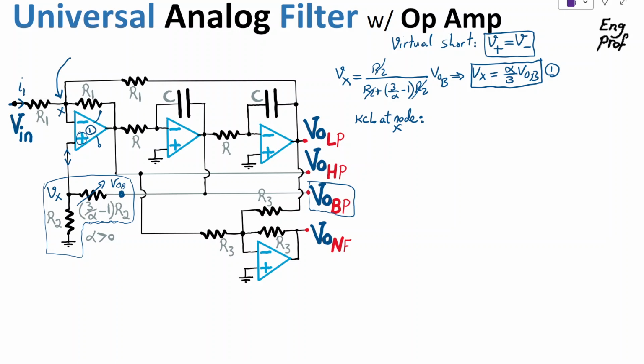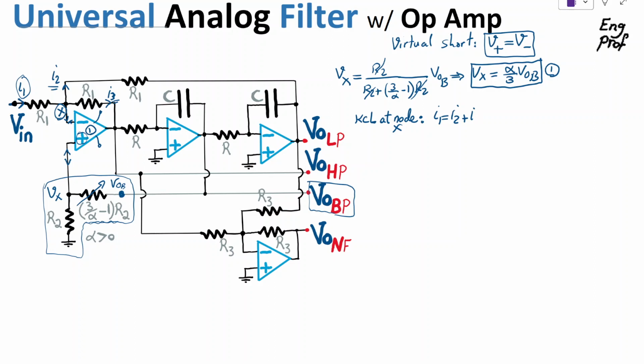And of course, nothing can go out of or come into the input terminal of the op-amp, so there is this current I2 that is flowing out, and this current I3 that is also flowing out. So this means I1 has to be equal to I2 plus I3.